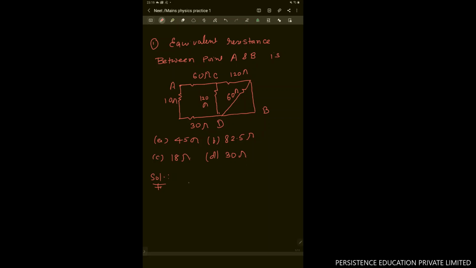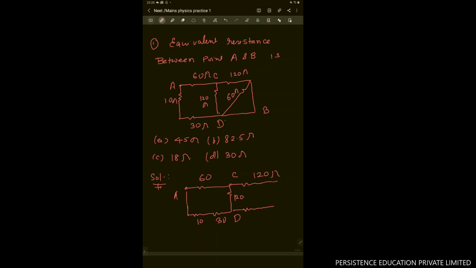What you can see is between A and C, there is one resistance of 60 ohm, and between C and B, there is resistance of 120 ohm, and between A and D, you have resistance of 10 ohm and you have resistance of 30 ohm. And between C and D, there is something like 120 ohm.